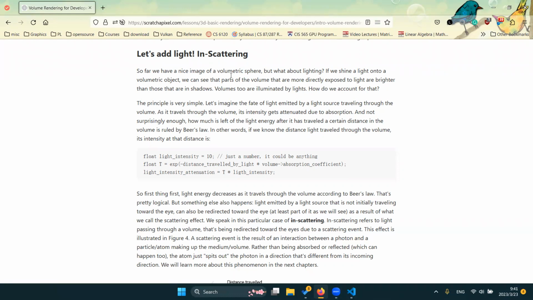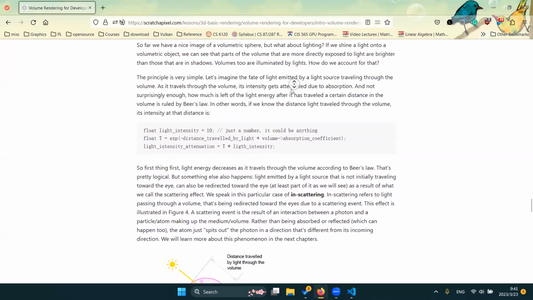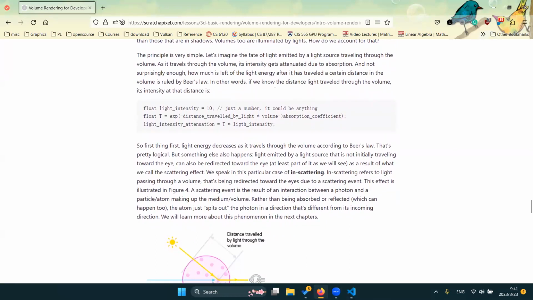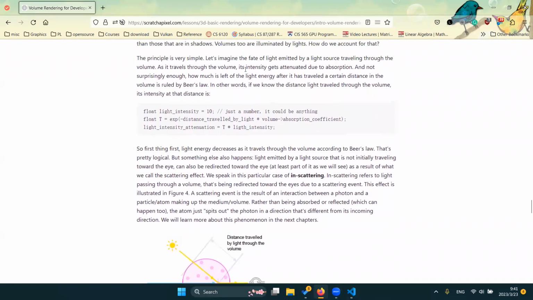And we don't consider the lighting at all so far. And volumes too are illuminated by lights. Light emitted by the light source travels through the volume and its intensity gets attenuated.